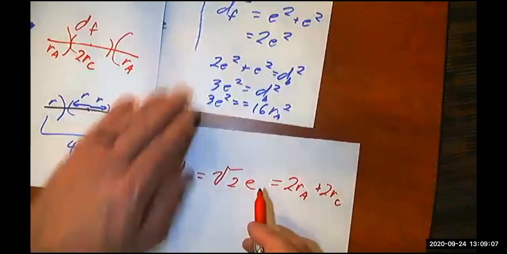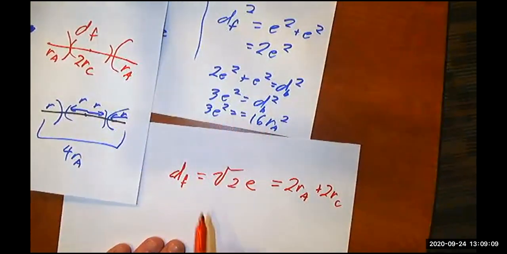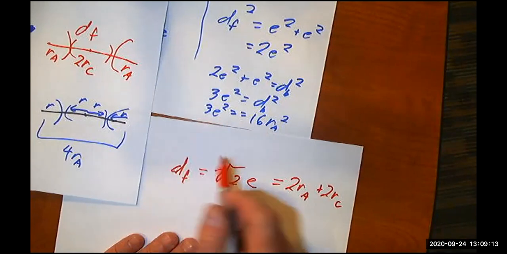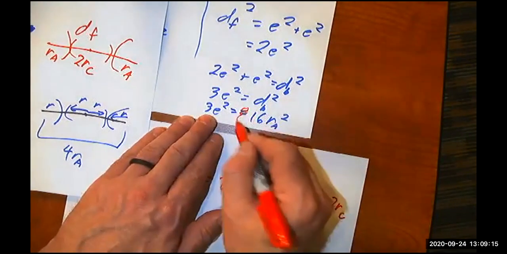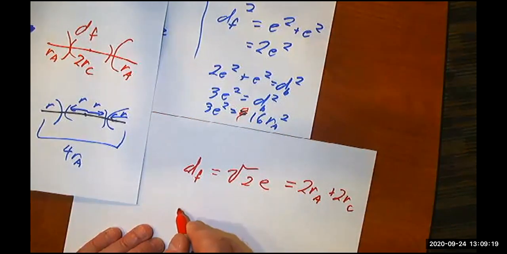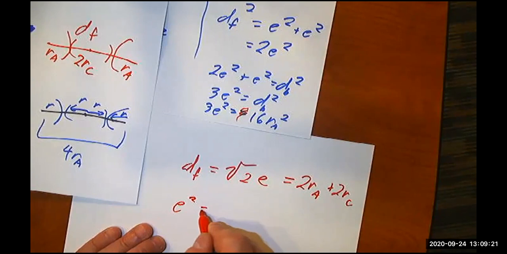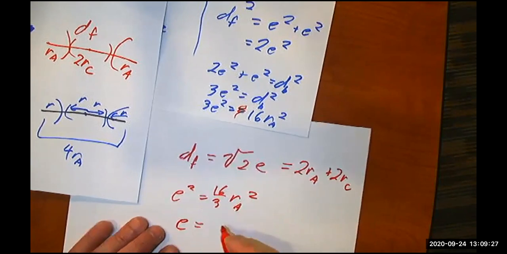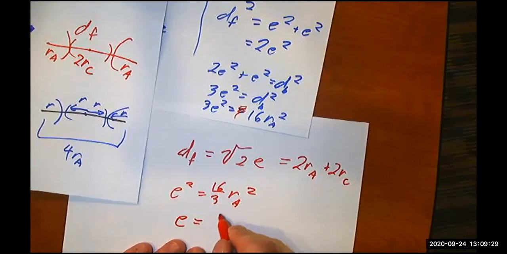Now, we also have our edge expression here in terms of RA. So let's solve that for this. So if we solve this for E, we can see that E squared equals 16/3 RA squared. And so E equals 4 over the square root of 3 RA.